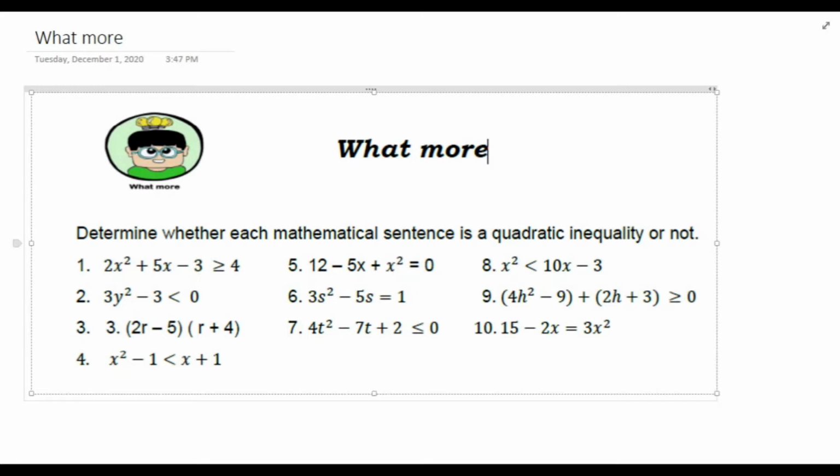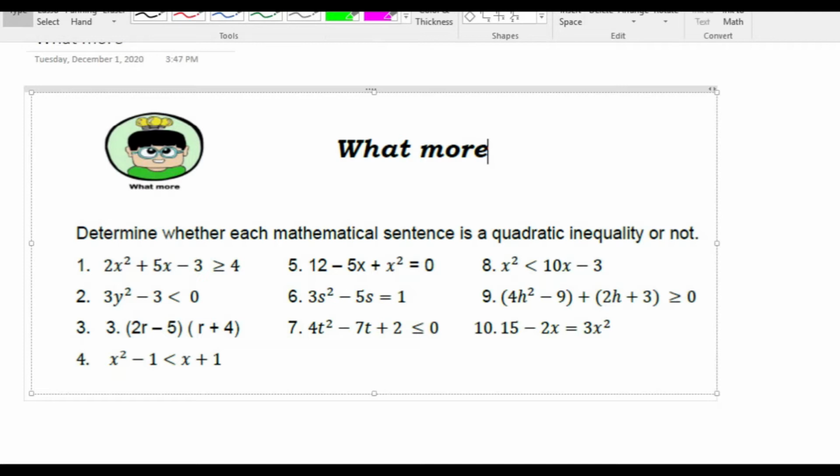Determine whether each mathematical sentence is a quadratic inequality or not. So we will answer this. If you know the answer already, you can comment your answers down below. As I said, a quadratic inequality is one in which the two expressions are separated by an inequality symbol.